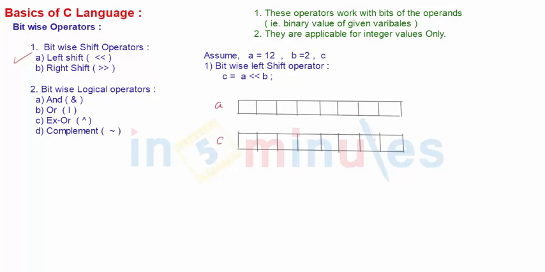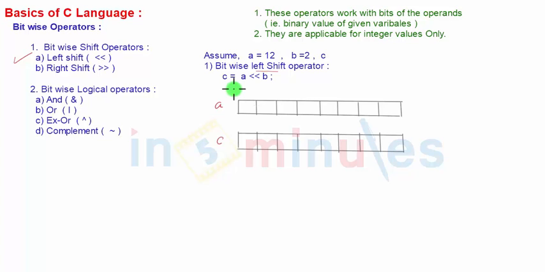Now assume 3 values: A is 12, B is 2 and C has no value. We will not assume what kind of variables they are, only that there are 3 integer variables. The first operator is the bitwise left shift operator. As the name suggests, the bits of the operand will be shifted to the left side by a given number of positions.